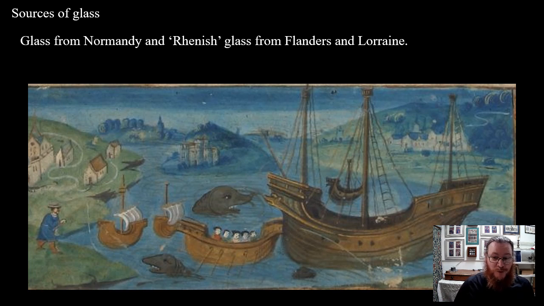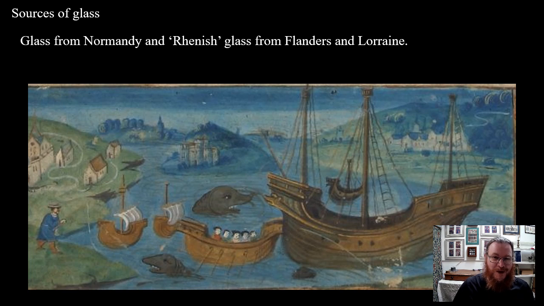There were other small areas of production in England, in Staffordshire and Shropshire and Cheshire, but they were small. English glass was generally of such inferior quality that patrons often went out of their way to stipulate that only foreign glass should be used in their glazing commissions.